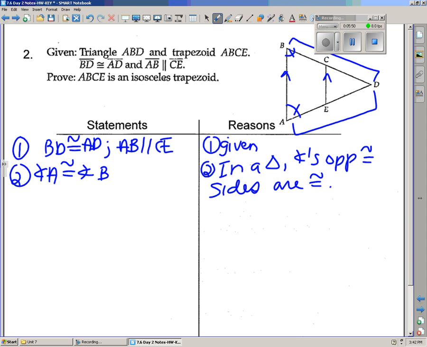We can also say, with the fact that we've got parallel lines, that up here at angle C, I'm going to call them 1 and 2. 1 and 2 have to be congruent also because those are corresponding angles, kind of going back to some old stuff with parallel lines. But we can then say angle 1 is congruent to angle 2.